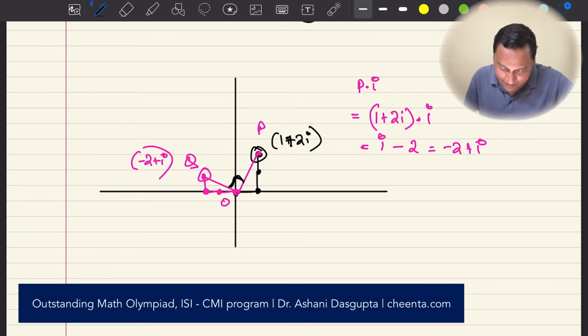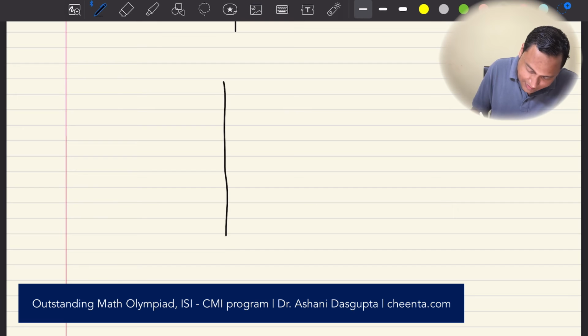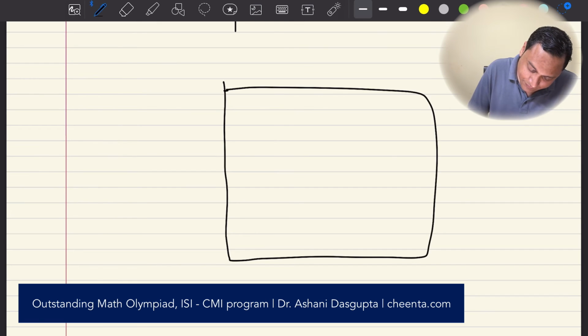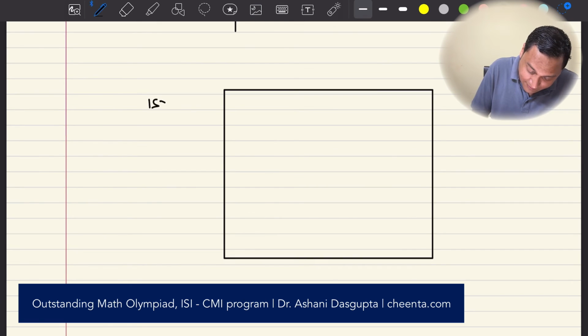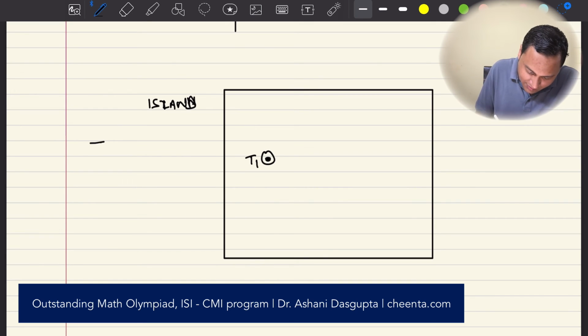All right. So coming back to it, you multiply by i. So what you do is, well, you have to think of the island. So this is the island. And the position of the tree 1 is T1. It's some complex number. So T1 is A1 plus iB1.